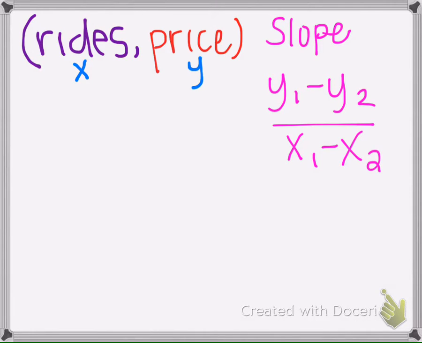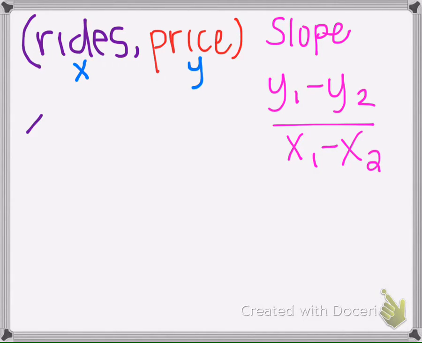So remember, to find slope or rate of change, we subtracted the y values, or the dependent variable, in the numerator, and then in the denominator we subtracted the x values, or the independent variable.